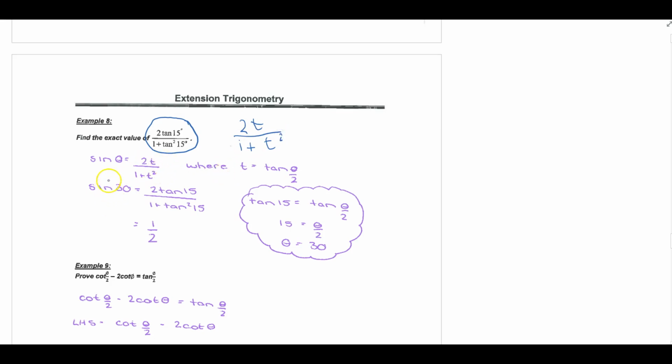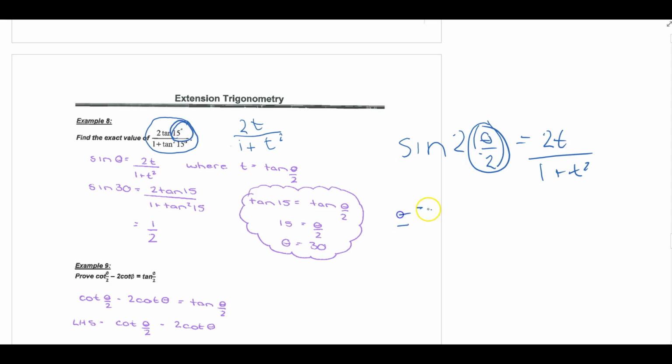So I say sine 2 lots of theta on 2, which is theta, is 2t on 1 plus t squared. Well, what is theta on 2? In this one it's 15. So it's equal to sine 2 lots of 15.